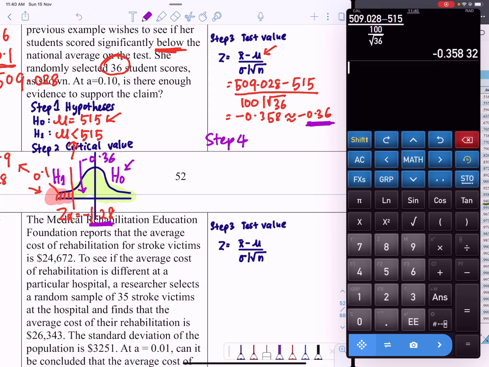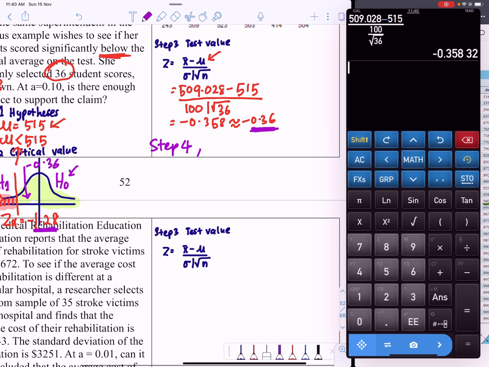Step 4. You need to write it as a full sentence here. You can refer to page 4 to 9 for how to write the sentence. Make the decision: since the test value negative 0.36 falls in the non-critical region, this one is a non-critical region. Why do I write it as a null region?